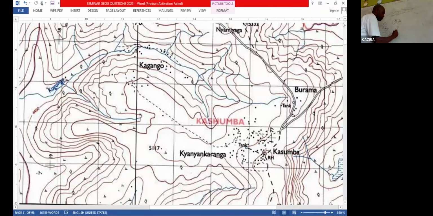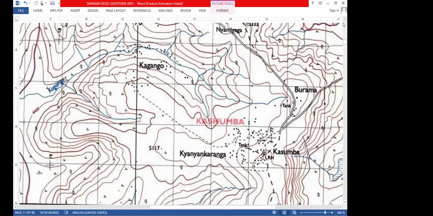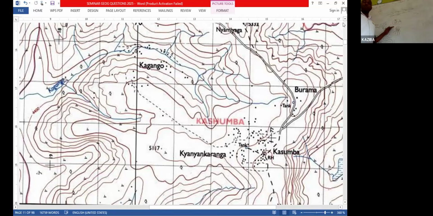If you have a gentle slope like this, and on that gentle slope we have a certain kind of woodland, then you say woodland vegetation is found on a gentle slope. It's a matter of knowing the vegetation type and which type of relief it is found on. So now we can talk about some calculations.